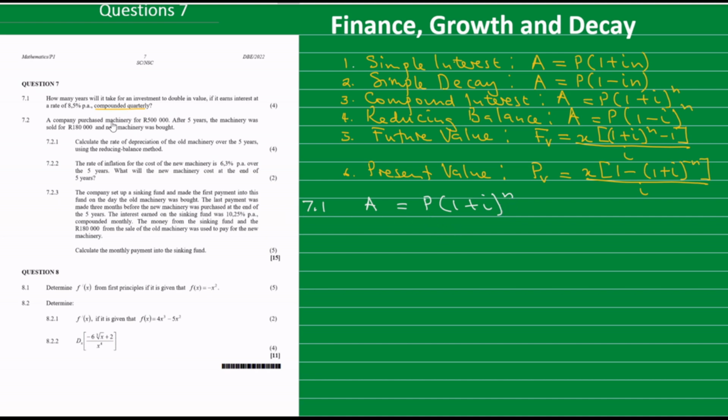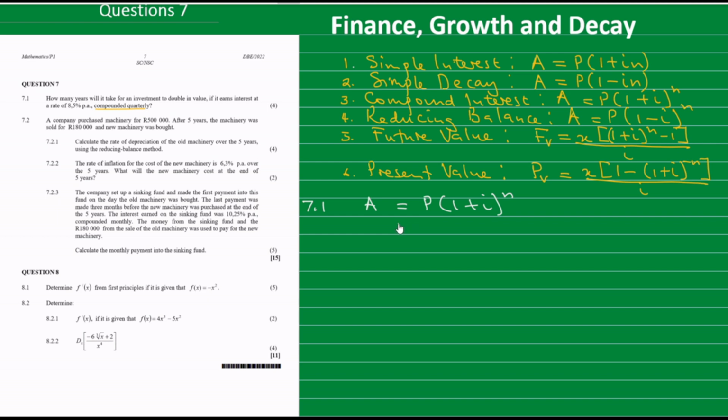Now the challenge that we have here is we are not given the A and the P. So what we have to do is to work this one algebraically, meaning that we are not given the final amount and we are not given the initial.